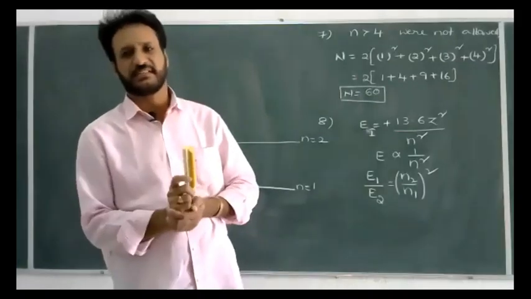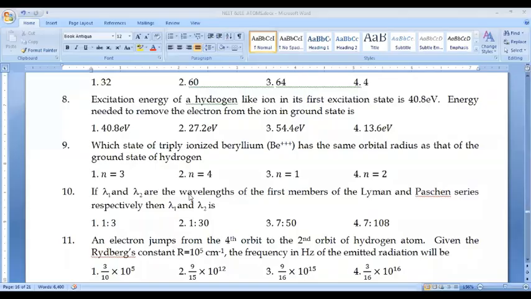Okay, question only, and check the options. After solving, you have to check the options. The energy required to remove the electron in the first excited state is 40.8. The energy required to remove the electron from the ion in the ground state: how much is E1? 40.8 by 2 square, which is 4, divide the value. 40.8 by... 10.2.